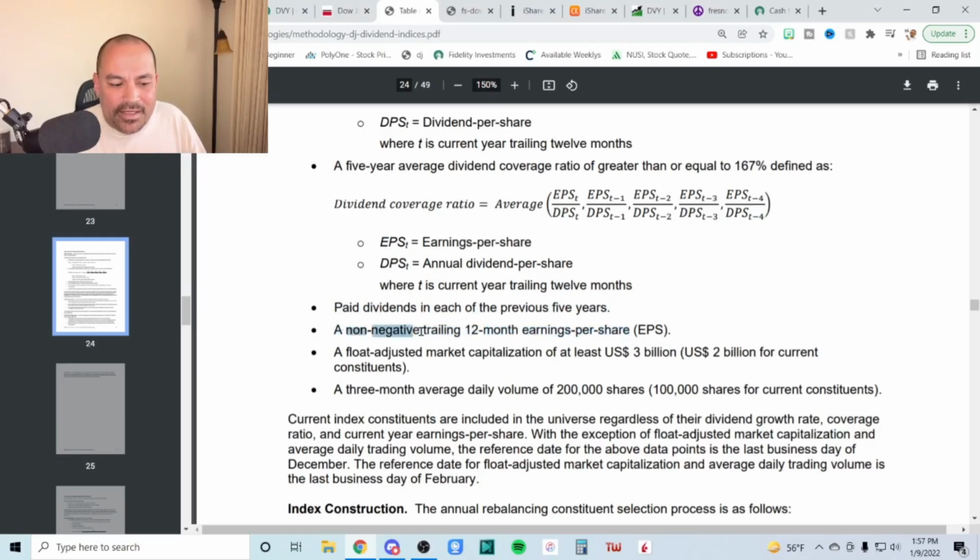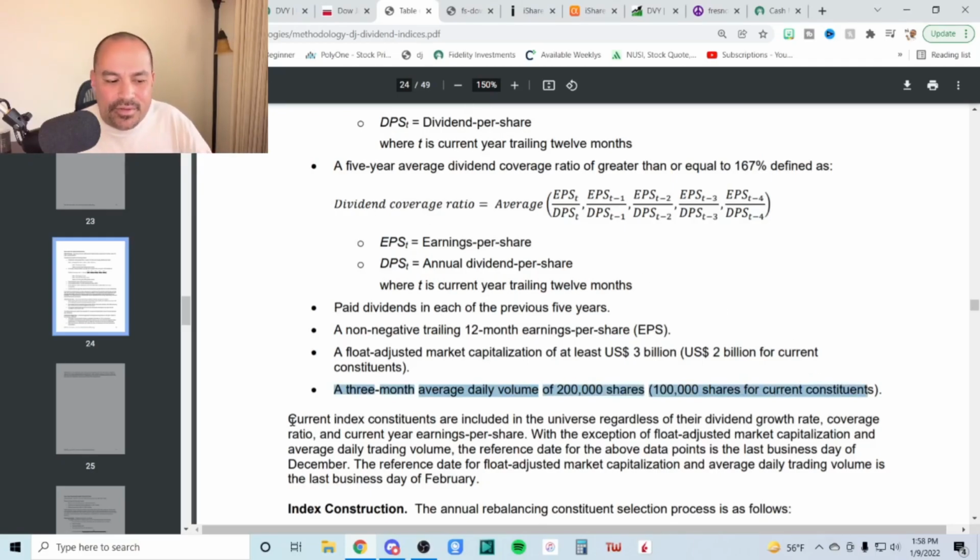Why they say non-negative? Why didn't they just say a positive trailing 12-month earnings per share? I don't know. Float adjusted market cap of at least $3 billion, $2 billion for current ones that are in the index. So they can actually fall down in market cap as long as they're in the index. And then a 3-month average daily volume of 200,000 shares, 100,000 shares for current constituents.